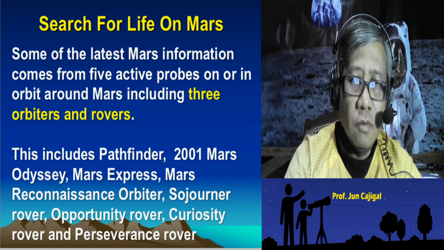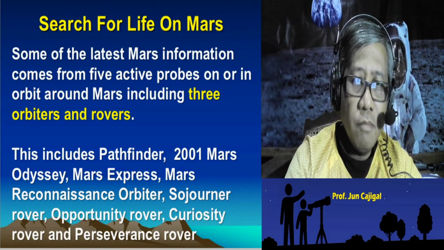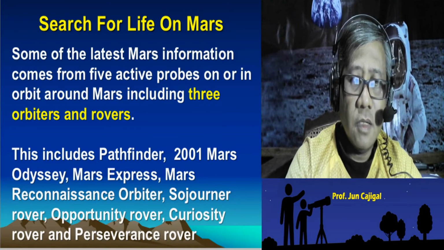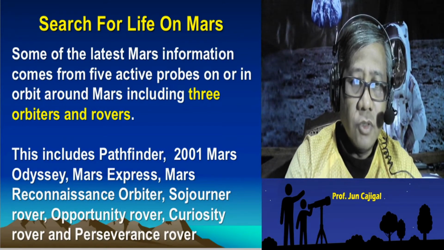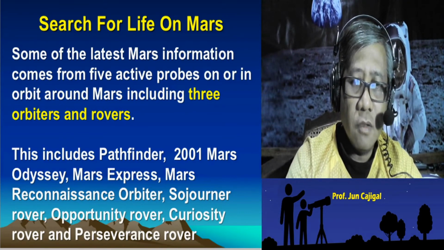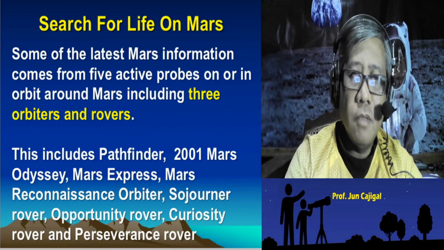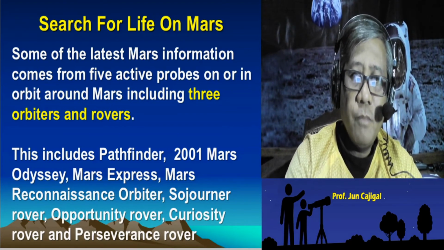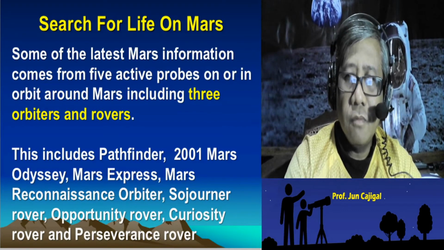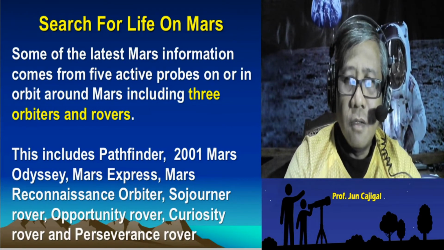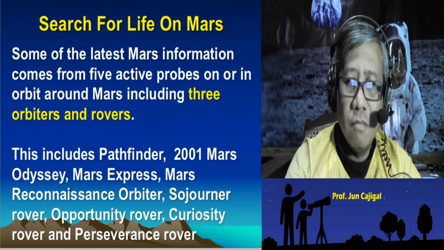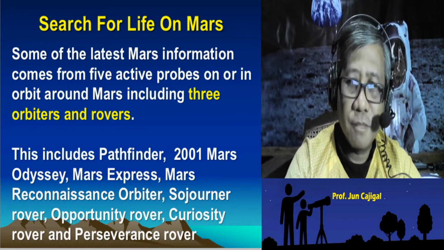Some of the active probes have Pathfinder, Mars Odyssey, Mars Express, Sojourner, Opportunity rover, Curiosity rover, and we have the Perseverance rover. Okay? So, itong Perseverance rover, we have to take note of this kasi mayroong helicopter. Yan, mayroong helicopter sa loob niyan.